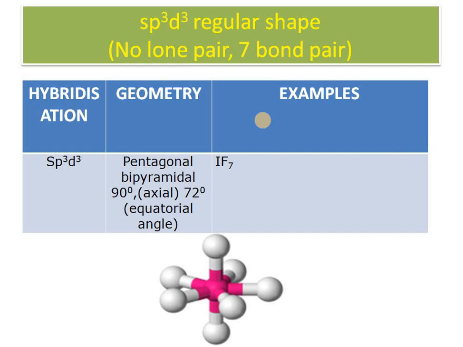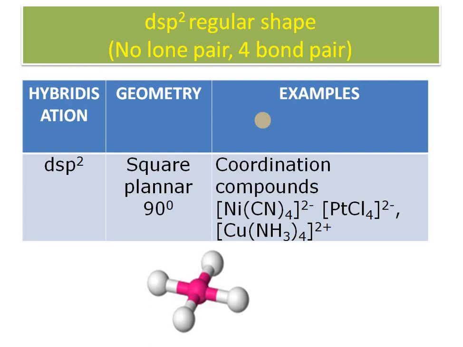This way we are calculating the angles: 5 in one plane, 1 above, 1 below, 7 bonds in total. And dsp2 is square planar. Here the coordination number is 4. If the coordination number is 4, it is sp3 or dsp2. Mostly these hybridizations you will find in complex compounds: sp3, dsp2, sp3d2 or d2sp3. These are the 4 main hybridizations normally occurring in coordination compounds. We will do this again in a later chapter, no need to worry.